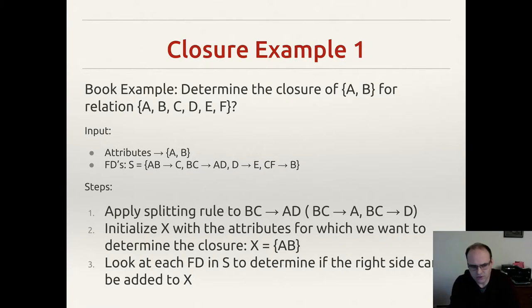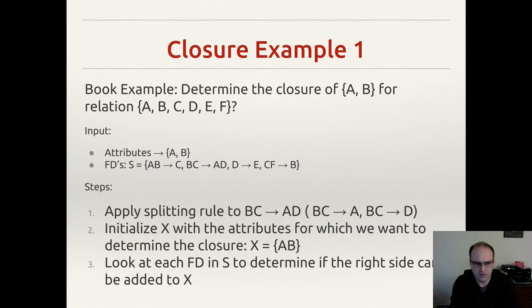So we're going to now first apply the splitting rule, like we mentioned before, on AD being functionally dependent on BC. So that's going to break that up into two individual functional dependencies. So now we have A being functionally dependent on BC and D being functionally dependent on BC.